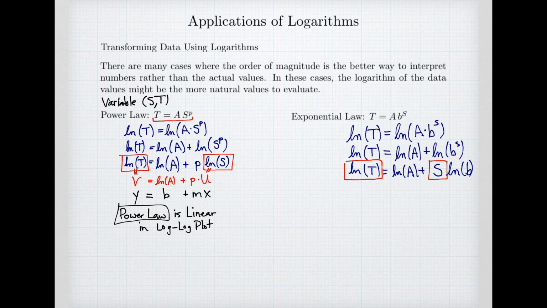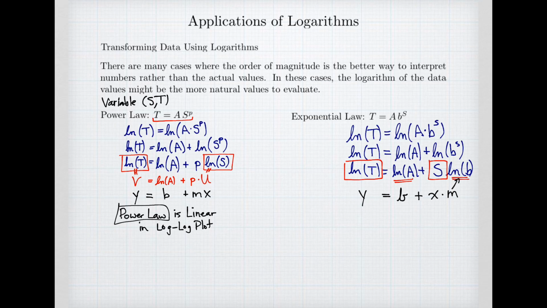And so where are my constants? I've got a constant, the natural log of b, the base, and I have a constant for the natural log of a, that constant multiple. And again, this is the form of a line. So I've got y equals a y-intercept, maybe I shouldn't use the same letter b, so let's do a different symbol, plus my independent variable times some number which behaves like a slope.